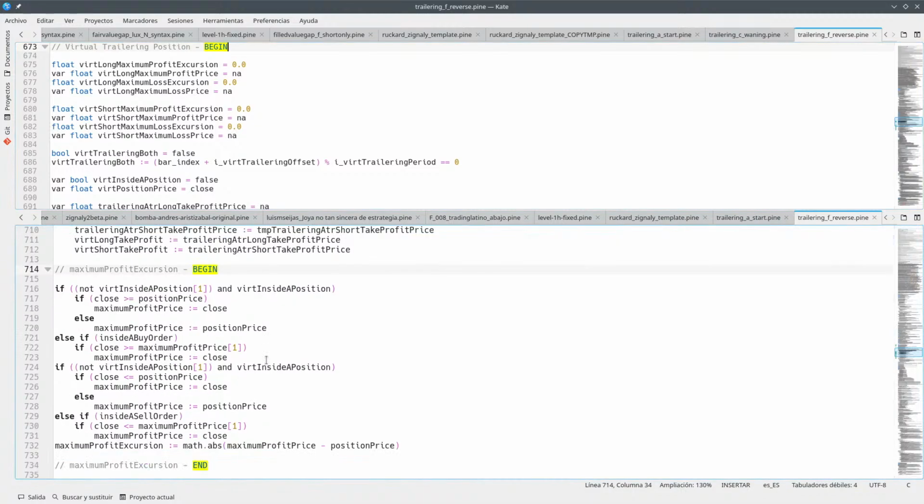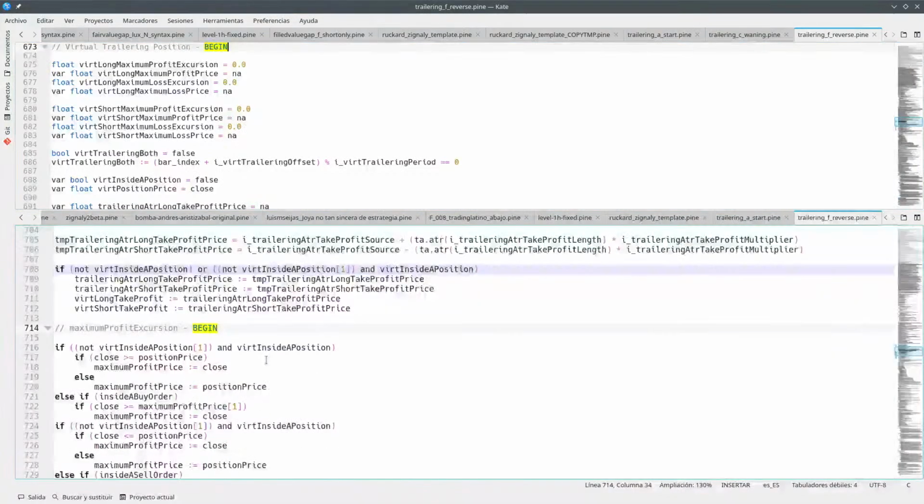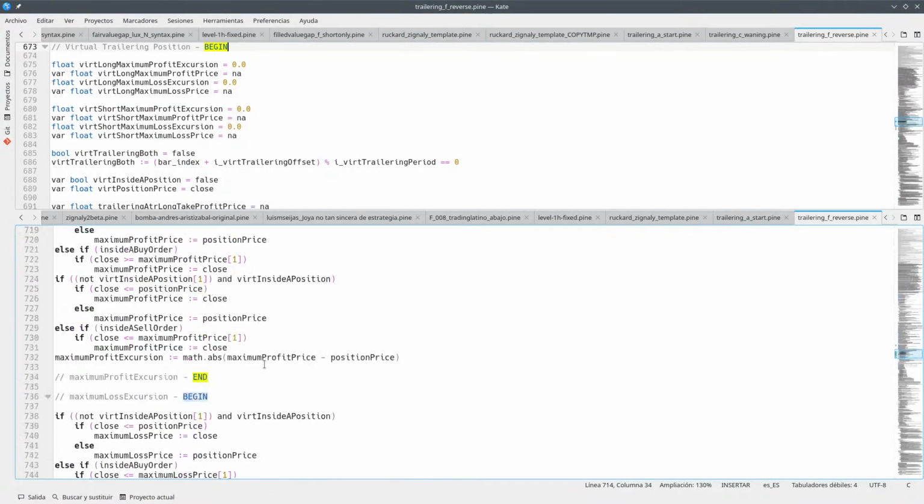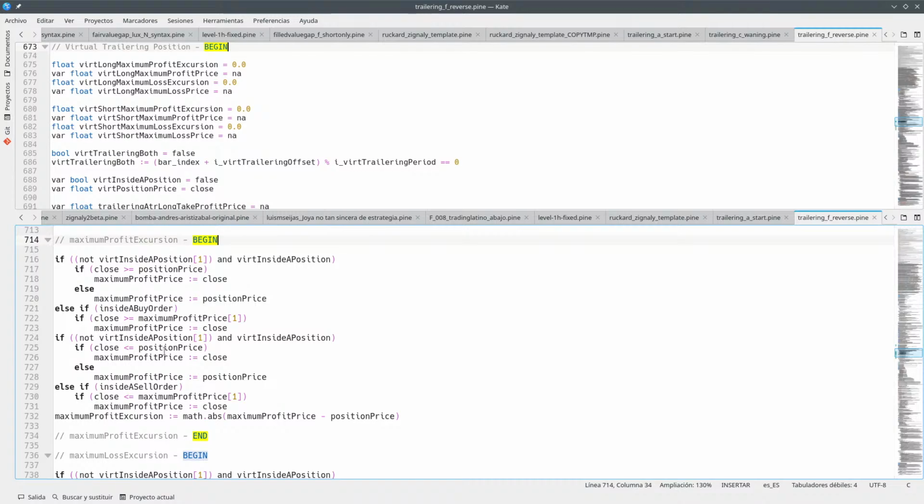So we need to modify here whatever we have. So this is a profit, and this is inside the buy order. Yeah, so the first one is inside the buy order, and the second one is inside the sell order. So let's work with that in mind. So maximum profit price should be this one here.